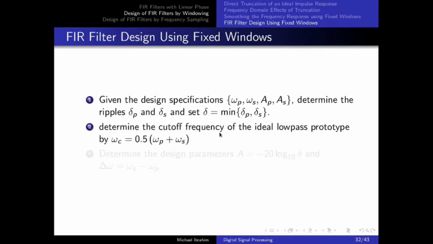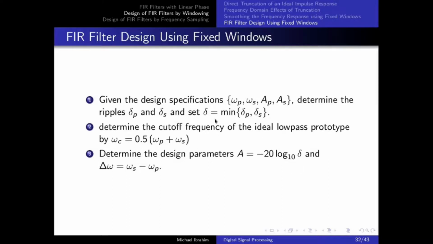The next step is to determine the cutoff frequency of the ideal low-pass filter. Given omega p and omega s, we assume that the cutoff frequency is in the middle between omega p and omega s. So it's 0.5 times omega p plus omega s. Now we will use this new delta in order to get the new stop band attenuation, which is minus 20 log delta.